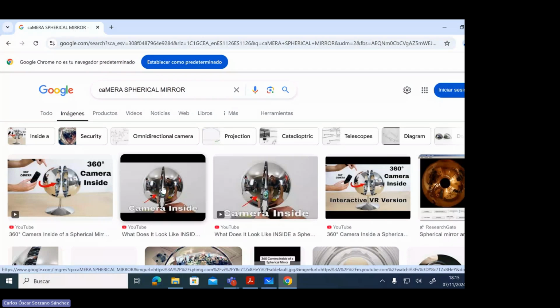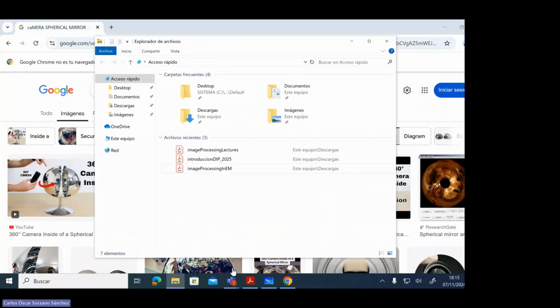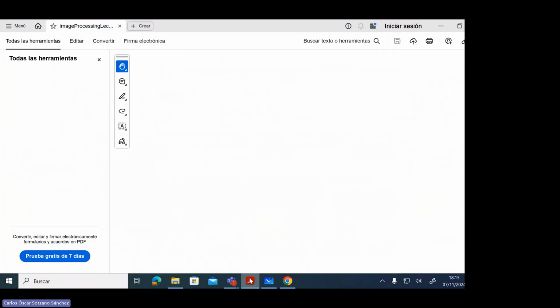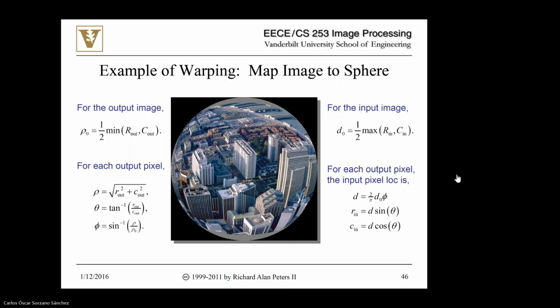So how can we do that mathematically? You will have an output image, this one. For every point in the output, you have to look where it is coming from in the input. We can do that this way. The output image will be of some size, and we will define this rho parameter.